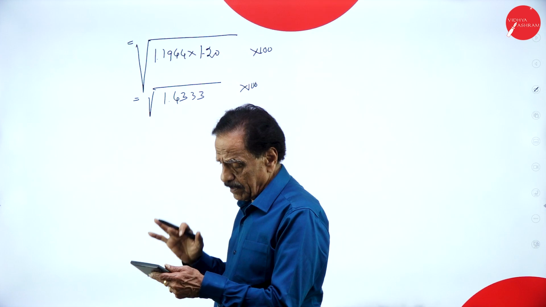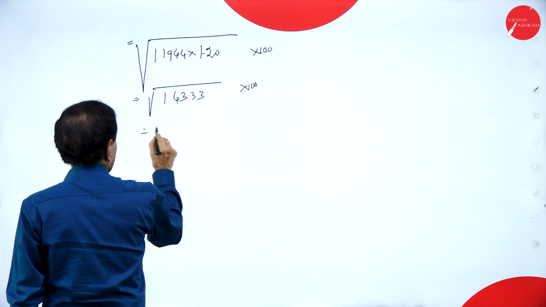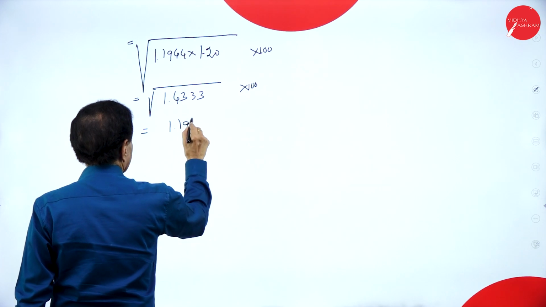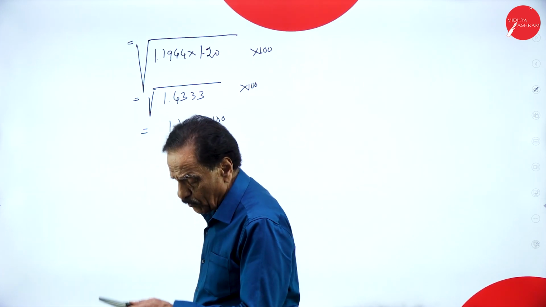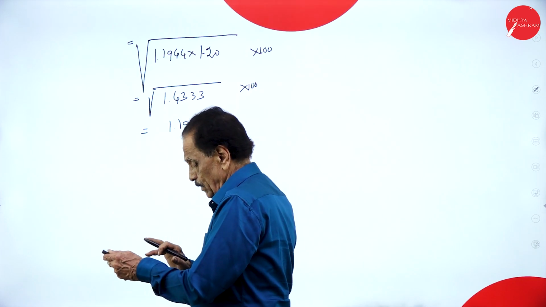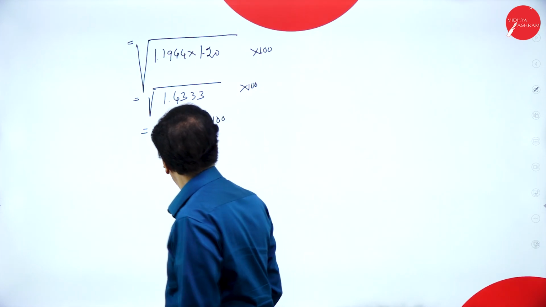Square root of this is 1.197 into 100, which is equal to 119.71.